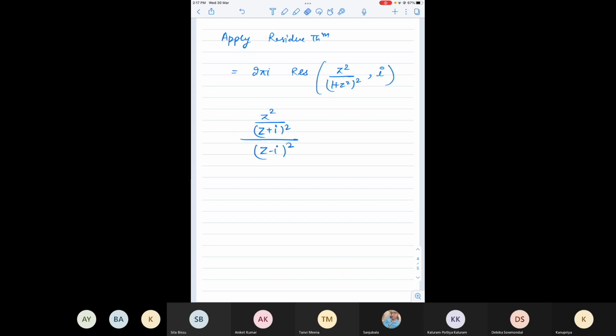Is it fine? So if you define this as the g function, g(z), then your answer will be g'(z), right? Please calculate it fast. What will be the answer here? What is the residue of this function?